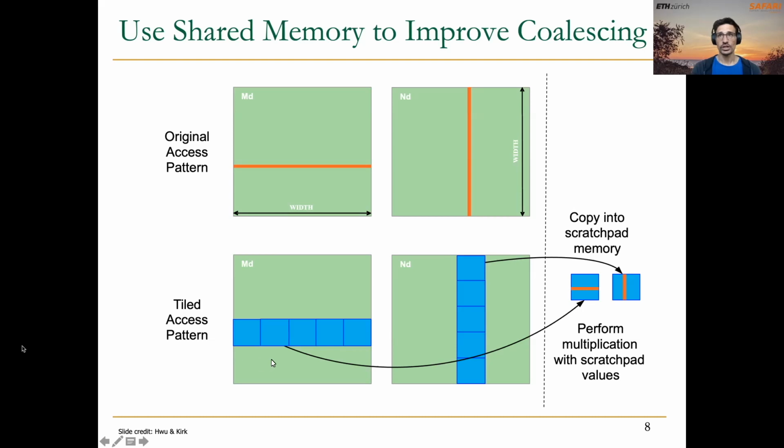If we have a matrix that we are going to access with an uncoalesced memory access from the global memory, one thing we could do is divide this matrix into tiles, bring the tiles to the shared memory or the scratchpad, and access them from there. This way, we can avoid the uncoalesced memory accesses to global memory and have more efficient access for neighboring threads.